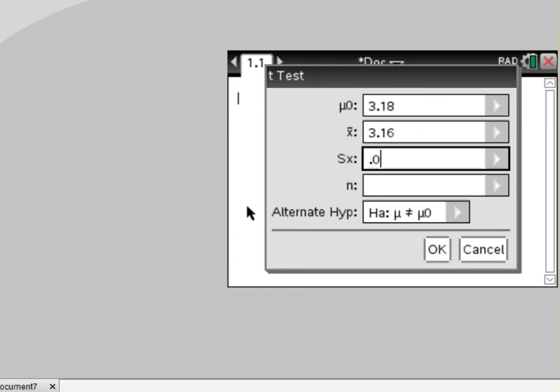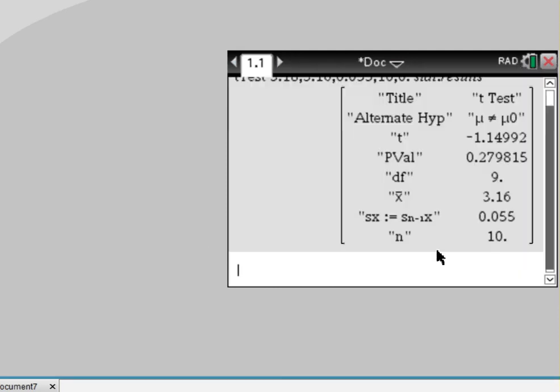You want to be extra mindful and make sure that your alternative hypothesis matches the one that you wrote on your paper, and then hit enter. What's nice about this is it's going to pop out all of the answers that you're interested in. It'll give you your t, your p-value, and your degrees of freedom. All of these need to be listed on your answer so that you get correct points.